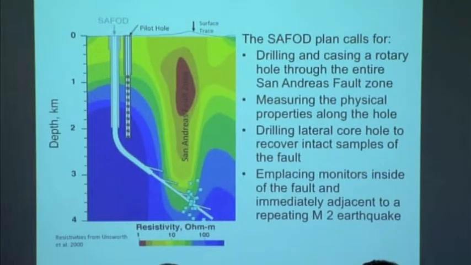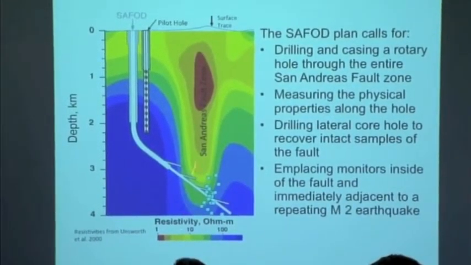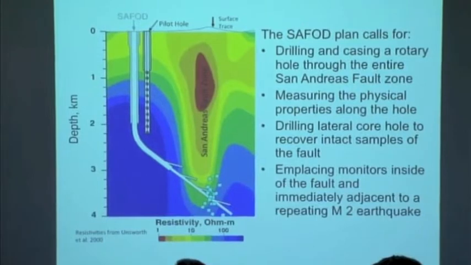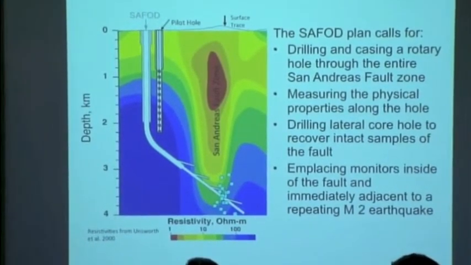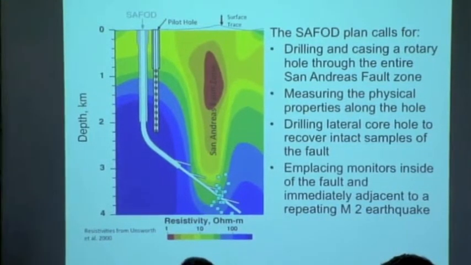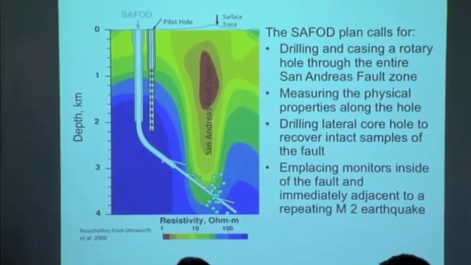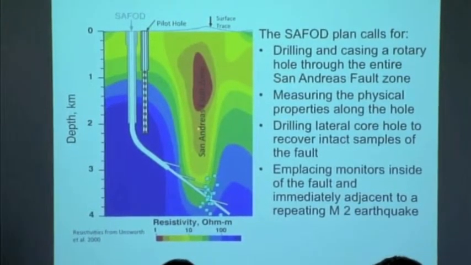I think Randy spent some time working on these issues: because there's current flow through the fault zone to the mantle, you can actually get the structure of properties of the fault zone from MT studies. In any case, this is sort of a given, that the fault zone shows up as a low resistivity zone in these sorts of studies.